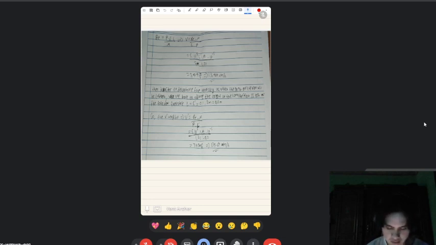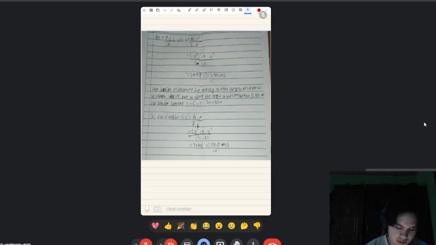So the new length is 2 meters times 0.1, which is 0.2 meters.